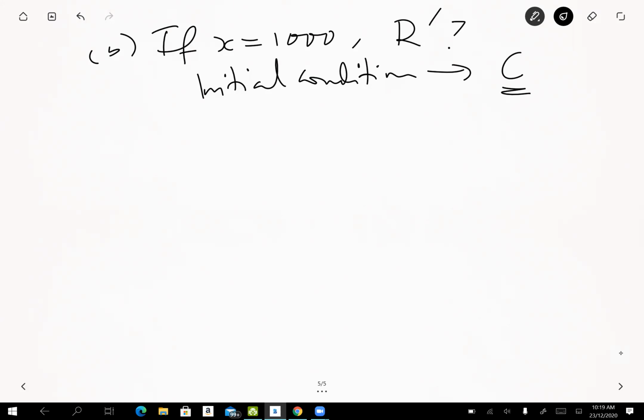If you are looking at revenue, what is an initial condition that we normally know without being given?